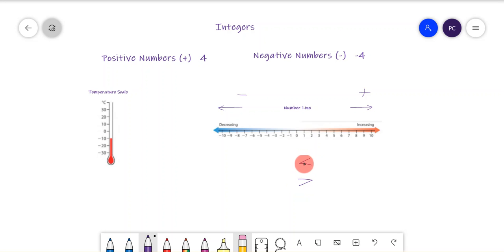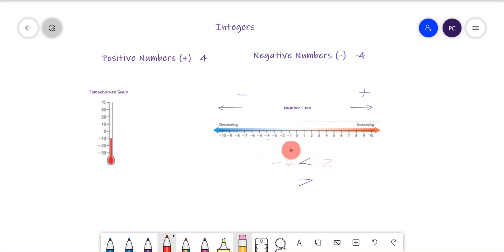This first sign is the less than sign. Think about it as like an L, this is the less than sign. This sign here is what's known as the greater than sign. Now, when we're dealing with negative and positive whole numbers or integers, we can say things like, if we take the number -4, which is here on the number line, it is less than 2.